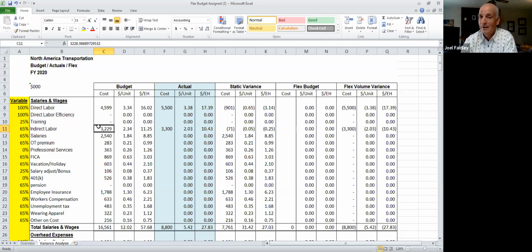It's not going to change. Obviously, if your volume was double, you probably have additional fixed costs, but this is considered the relevant range, 10% increase. So 35% of 3229 is not going to change, but 65% of that is going to increase by the difference between your earned hours actual and your earned hours budget.